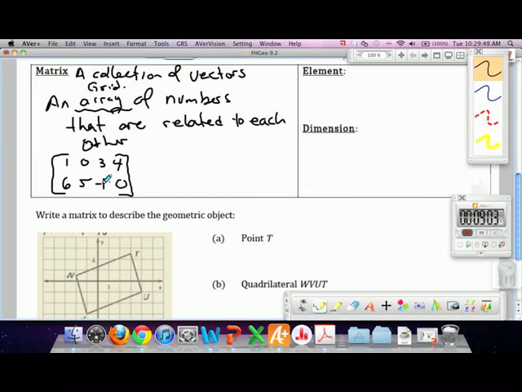It's an array or a grid of numbers, or what are called elements, entries in here. There are 1, 2, 3, 4, 5, 6, 7, 8 entries in this matrix. Another word for an entry is an element.